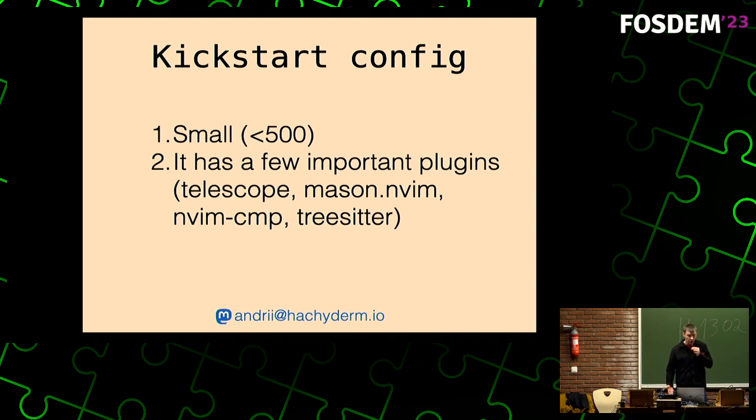I highly recommend it because it's easy to start with something small and simple rather than thinking, okay, I need lots of files, I need a repo for all my configs, etc. As soon as you know more, you can refactor it.